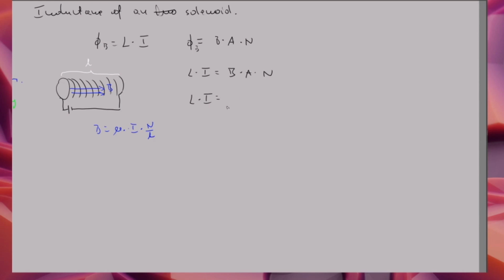For the magnetic field, I'll have mu naught times I times N over l times A times N. And then the current cancels. Now I have my expression for L, the inductance of the solenoid, which is mu naught times N squared over, that's little l, over little l times A.